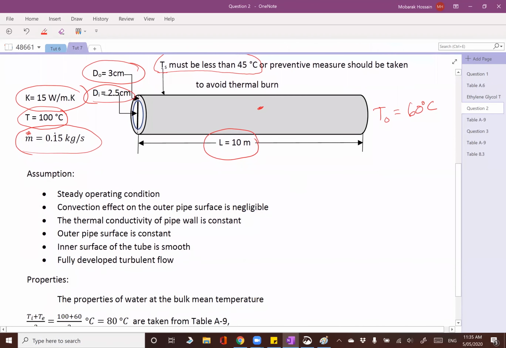Okay, there are some assumptions. Steady operating condition, the convection effect on the outer pipe surface is negligible, and the thermal conductivity of the pipe wall is constant, given as 15 watt per meter Kelvin. The outer pipe surface temperature is constant. The inner surface of the tube is smooth and the flow is fully developed turbulent flow.